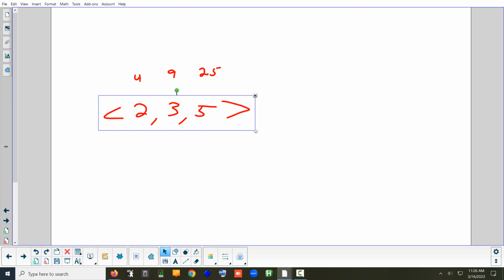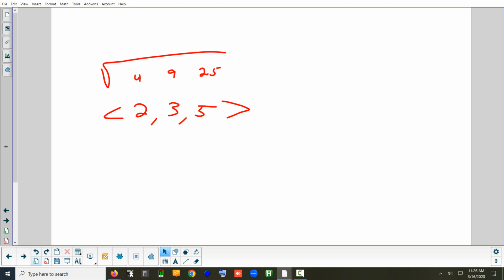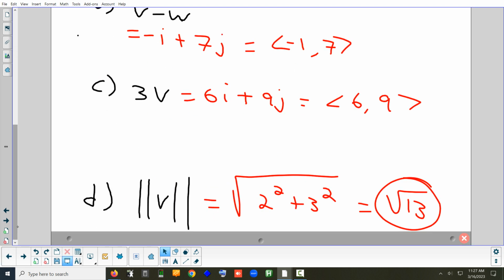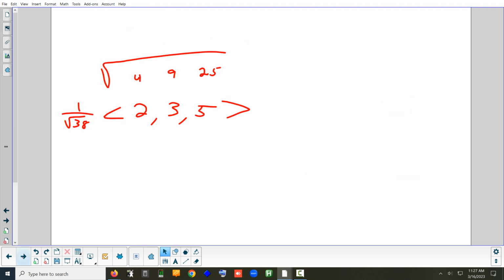So it's not a nice number. But if you wanted to turn that into a unit vector, it's the square root of 38 units long. To turn it into a unit vector, you'd have to scale it by 1 over the square root of 38. If you multiplied that out, it would make that a unit vector.